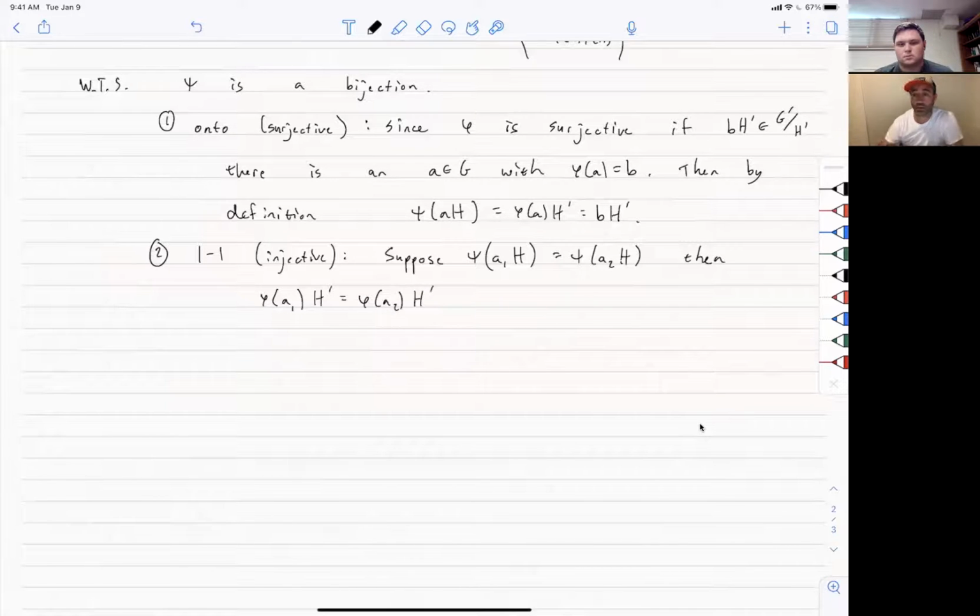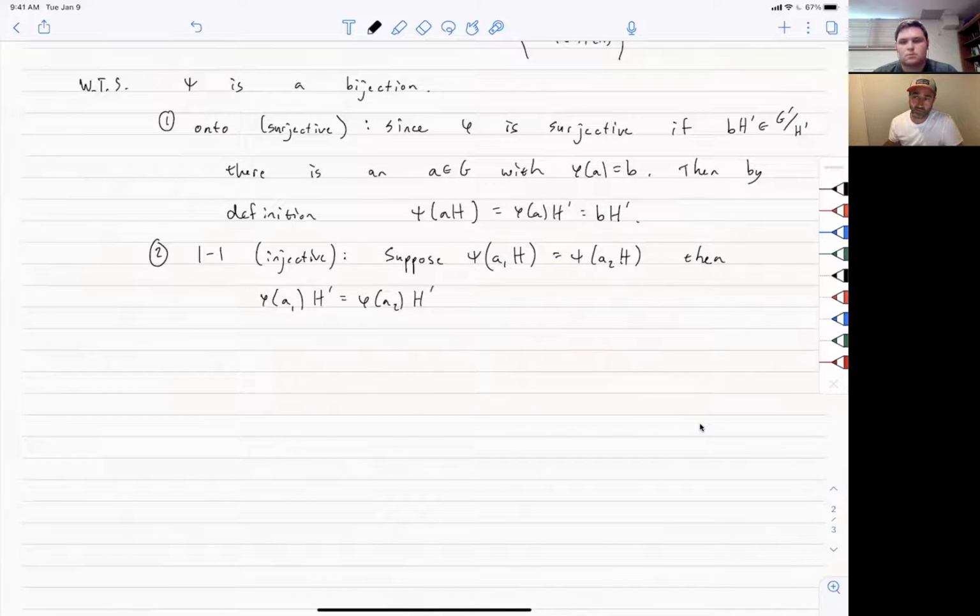Which means, and I'm talking to those interested in cosets, and what we did today, two left cosets are equal if and only if the inverse of one representative times the other is in that subgroup. We used that today, and I'm pretty sure we proved it earlier.